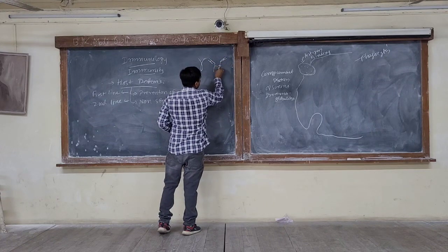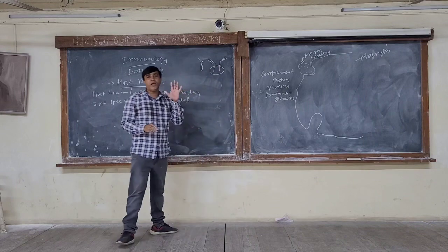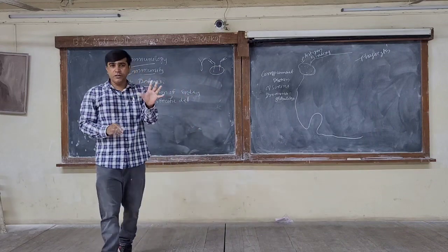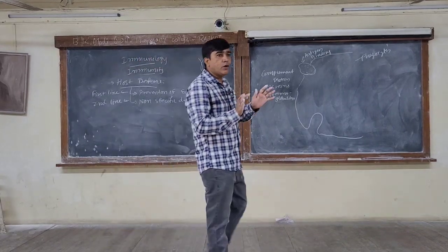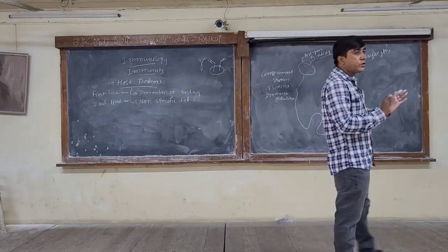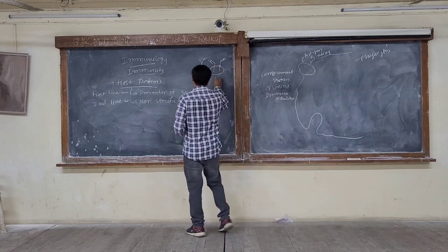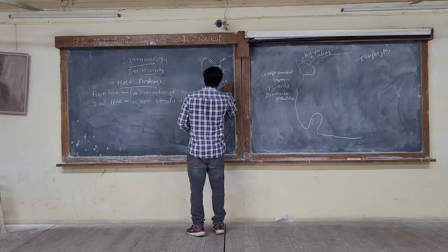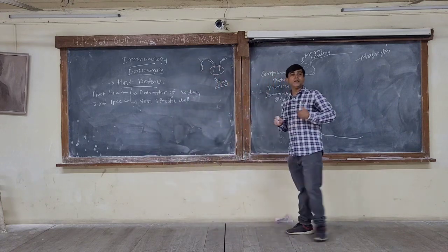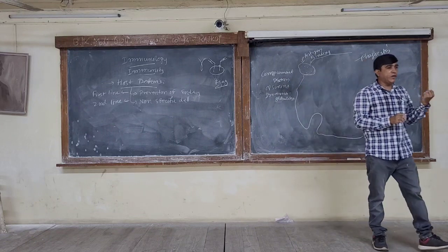So this lower part acts as a flag. When it binds with an antigen, it is only neutralizing or precipitating the antigen. It is not killing the antigen. But this part will act as a marker, as a flag for identification. And that's why the phagocytes can easily identify them.